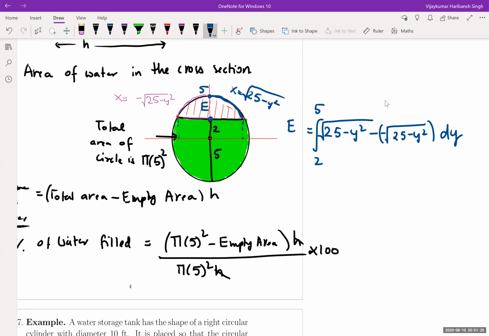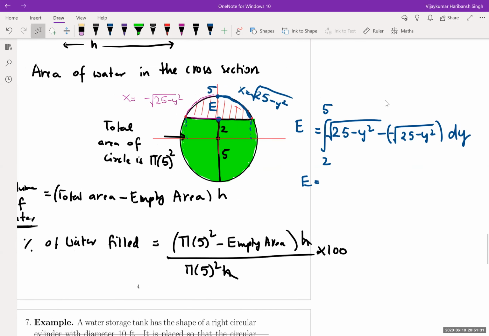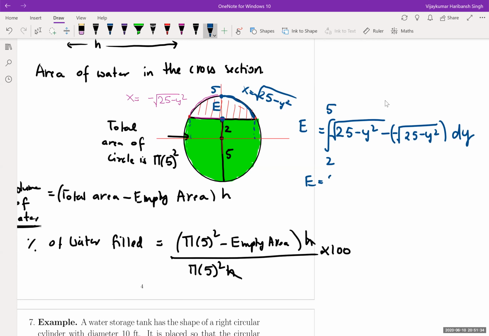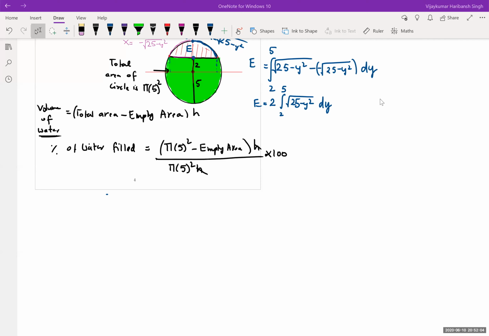So what do we get? E equals 2 times the integral from 2 to 5 of the square root of 25 minus y squared dy. So let's finish this.